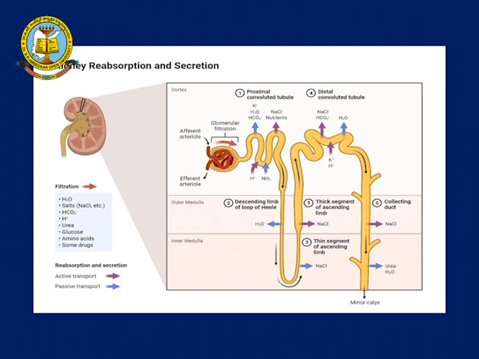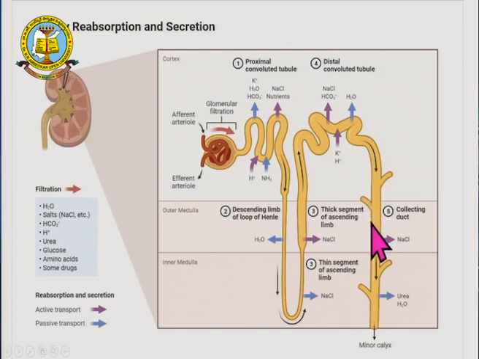Whatever substances are there, bicarbonate and sodium chlorides, they also go to the distal convoluted tubules. In this region, some potassium and hydrogen also get absorbed into the nephron layer. Now, it comes into the collecting duct region.